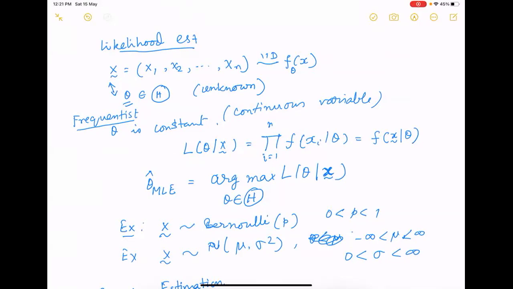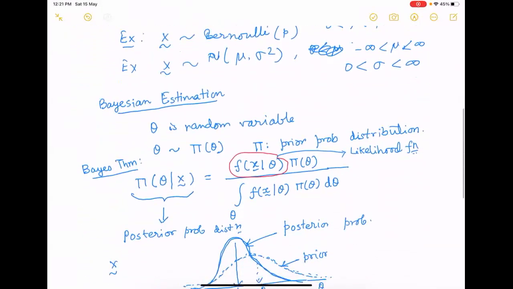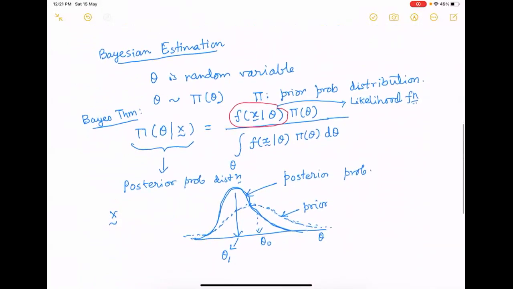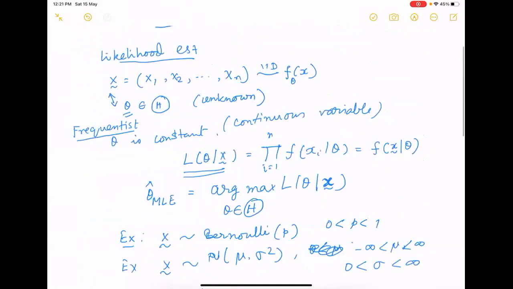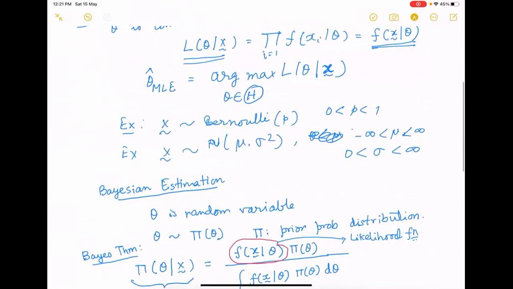Typically we use the popular notation L of theta given x tilde to emphasize the theta, but the proper notation or representation is f of x tilde given theta.